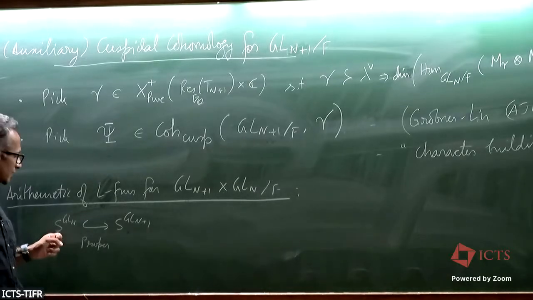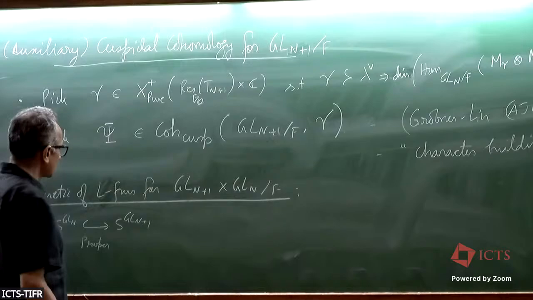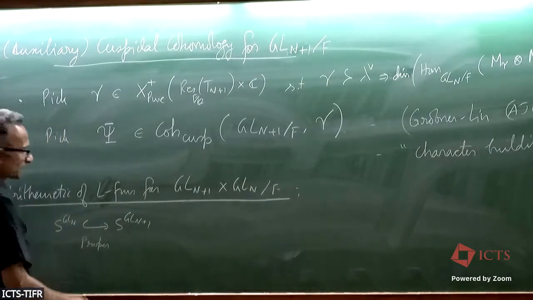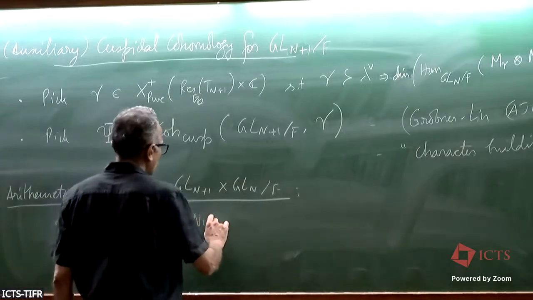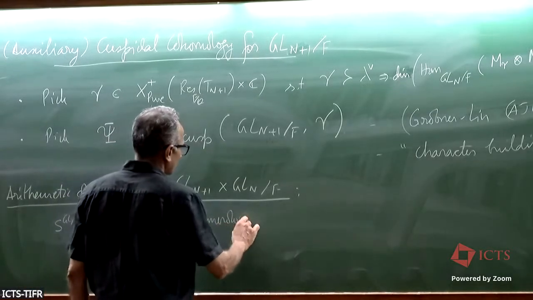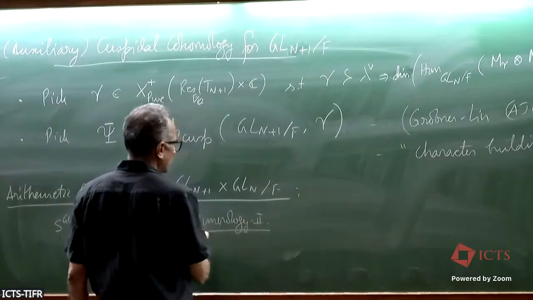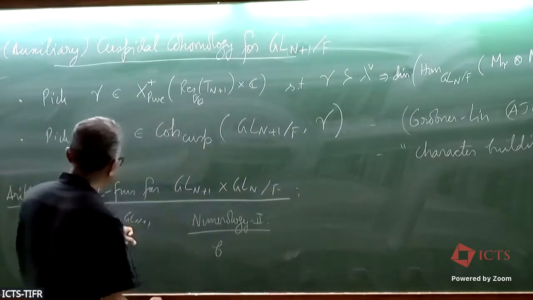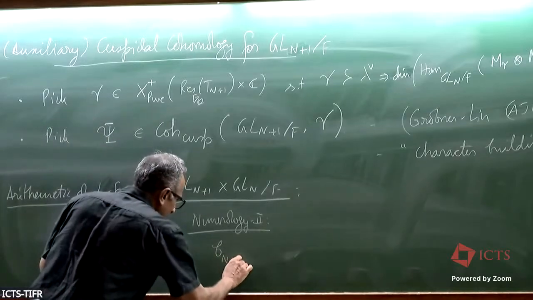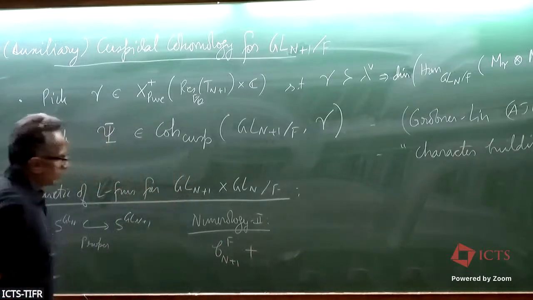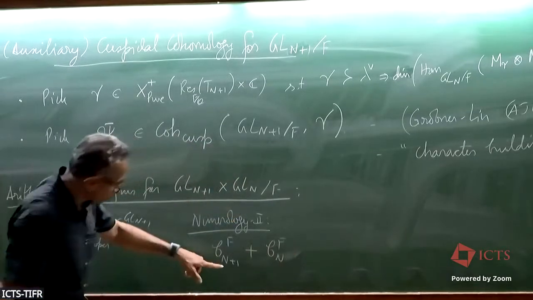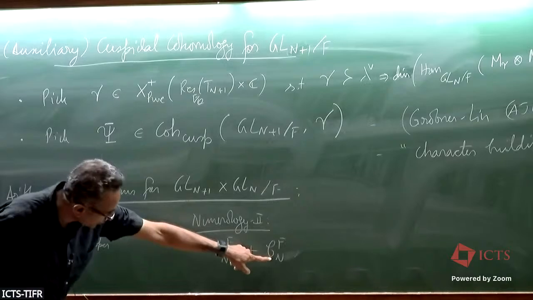In particular, I can integrate this against that Eisenstein class. So now I have to match the degrees. Now comes the next numerology. If you look at the bottom degree of GLN plus 1, plus this bottom degree for GLN, I'm going to take Eisenstein class there and this cuspidal class here.